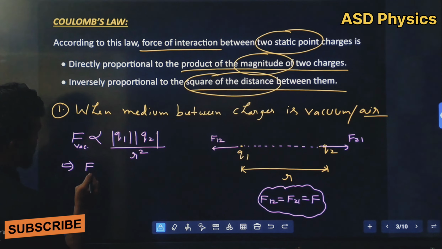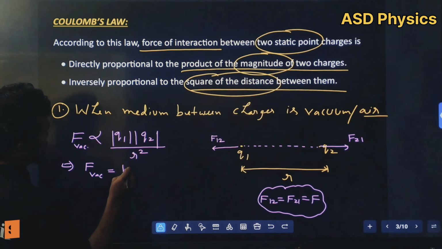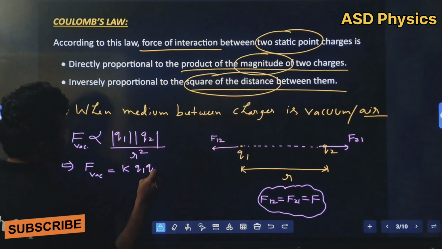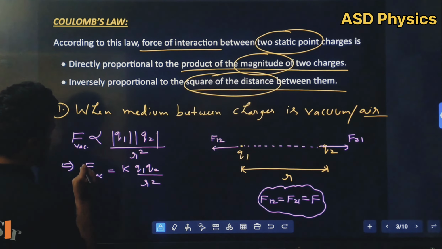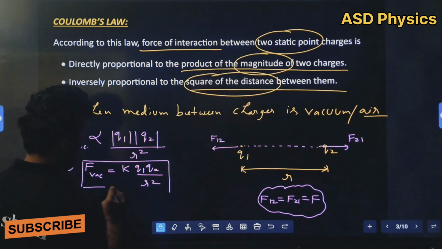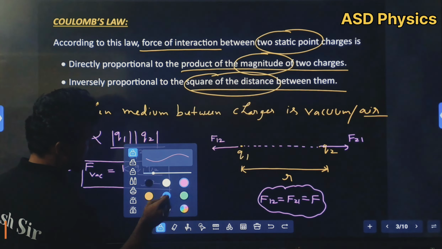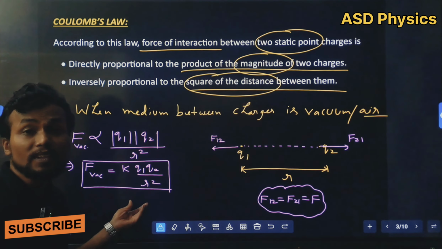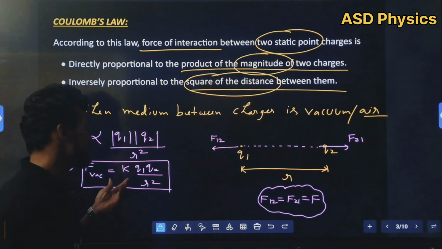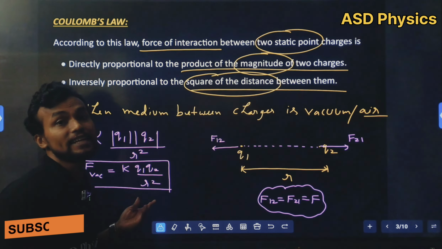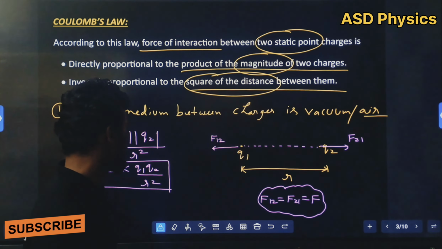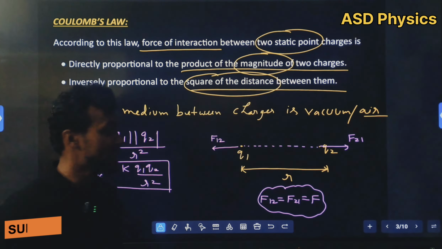So the proportionality constant will be K, so F equals K Q1 Q2 by r square. This is our formula. Now, what is K? K is called the proportionality constant, or the electrostatic force constant.